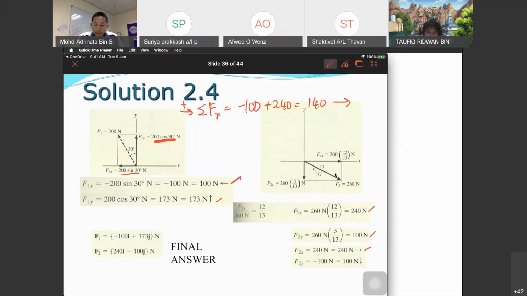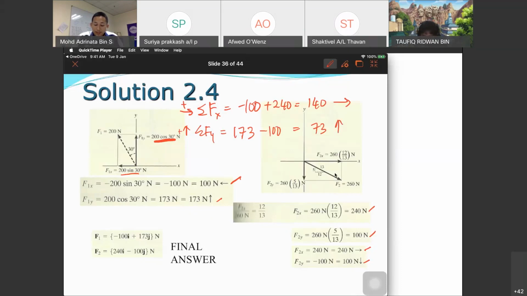And for y direction, we assume that positive up is positive. Fy is equals to, the first one is 200 cosine 33, F1y 170 Newton, F2 negative 100 Newton is equals to 73.